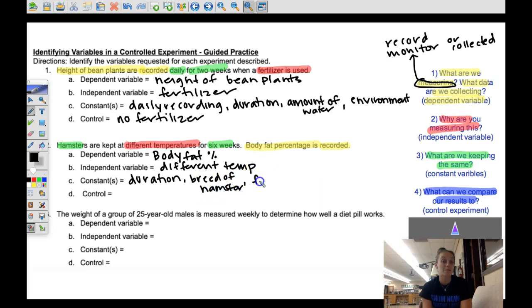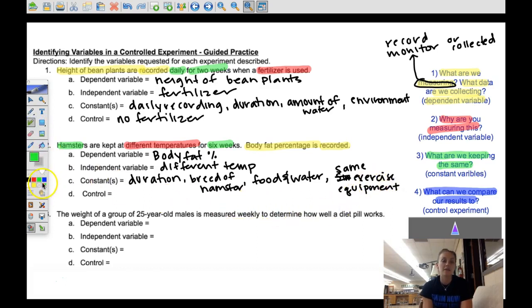We're going to want to keep their food and water supplies the same because we just want to see if temperature makes a difference. And although hamsters are pretty hard to control, we might want to have the same exercise equipment in their cages, like those hamster wheels. Not like a little treadmill, that's silly.